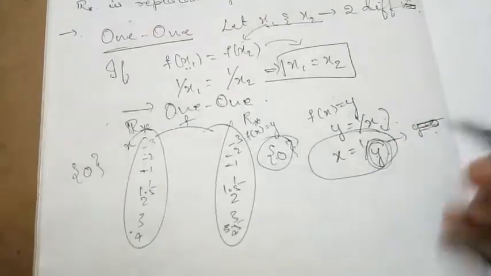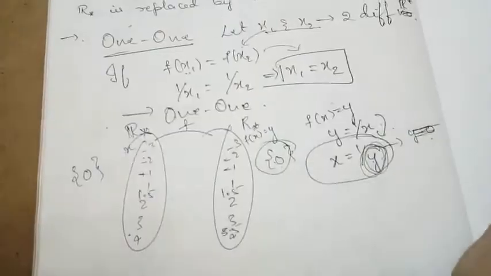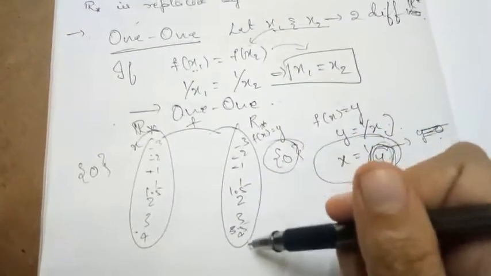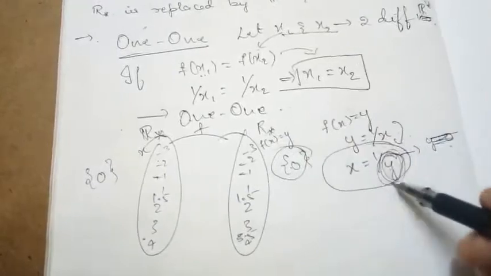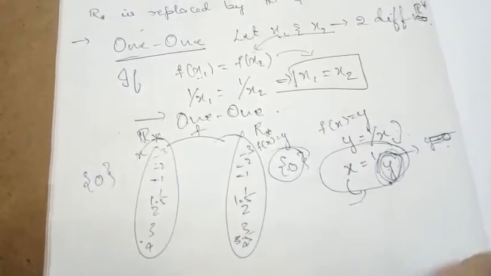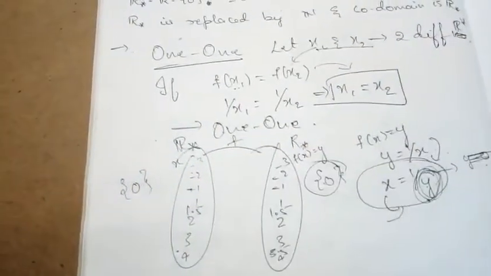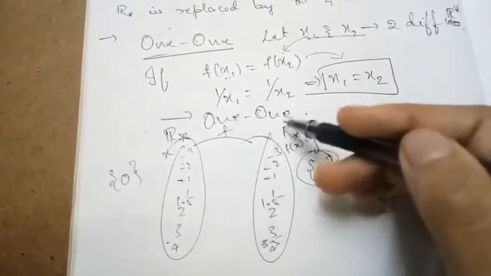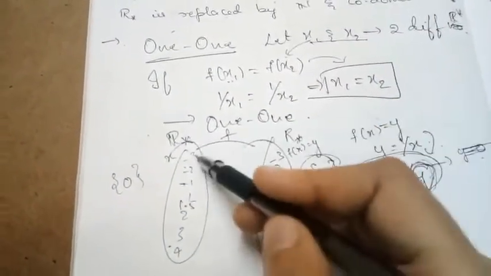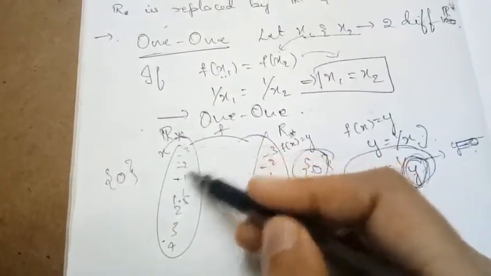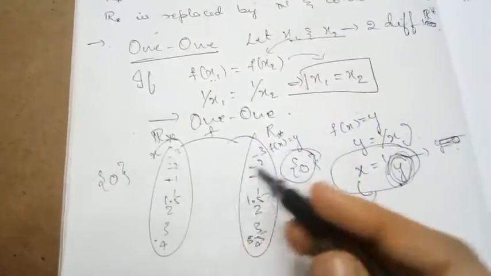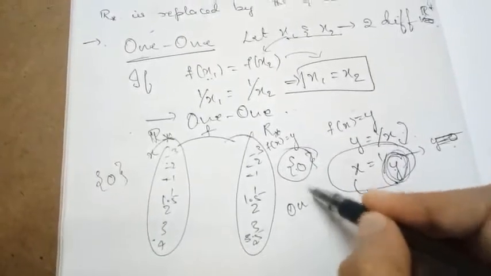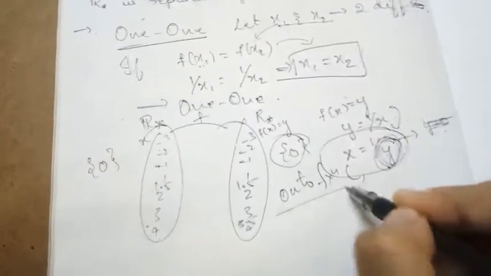So you need to think of it this way: y is a real number. If you take any real number, 1 by that real number gives you a real number, which is contained in the domain. So everything in the codomain is the image of one or the other element present in the domain. So it is an onto function. How will you write it?